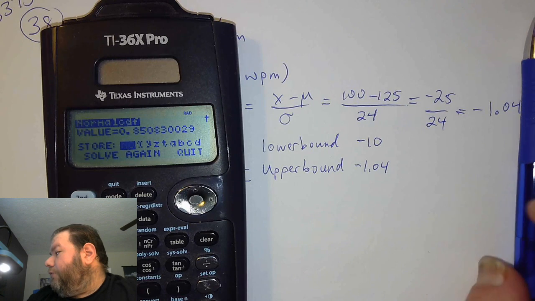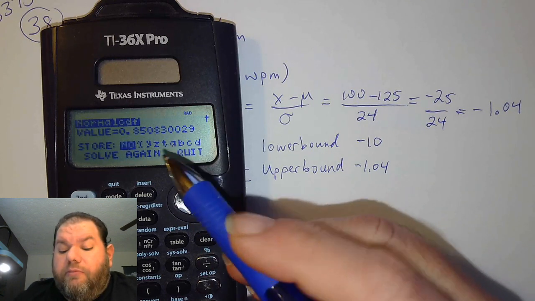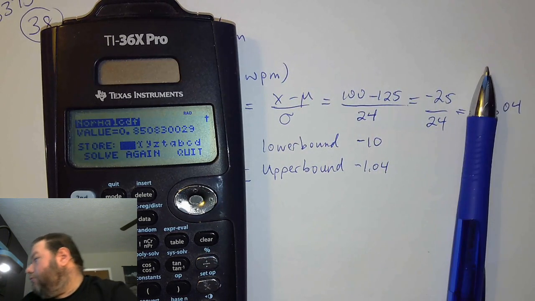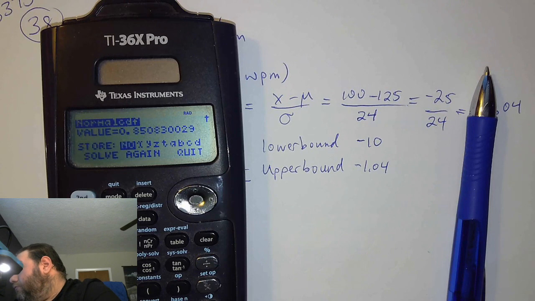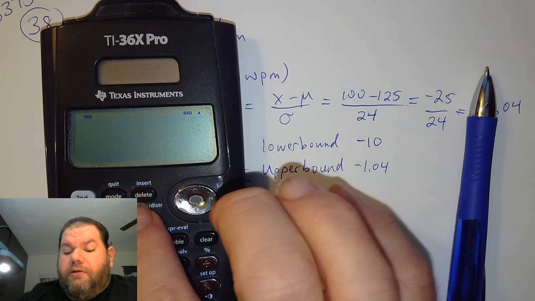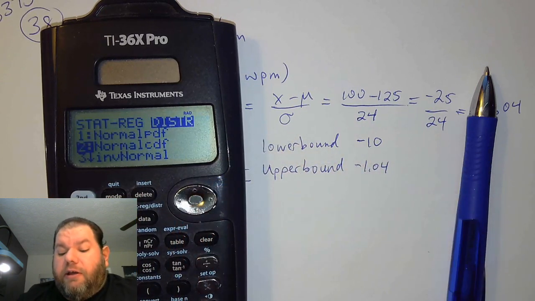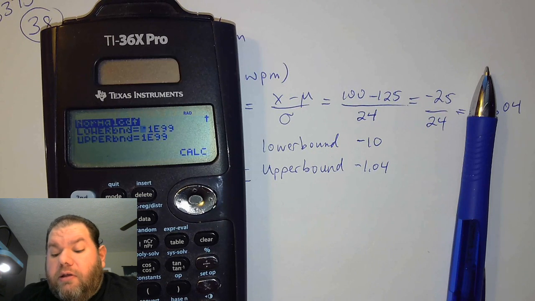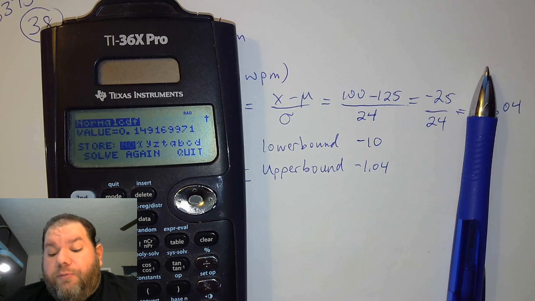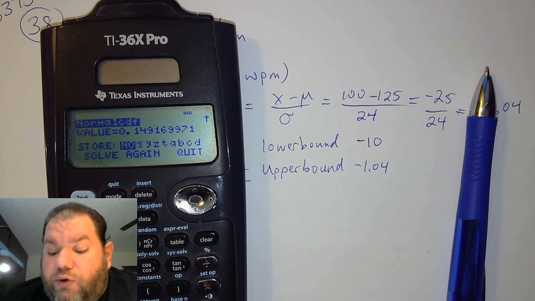Anyway, so we get a value. I'm going to double check that. Sorry. The value did not make sense. Negative 10 and negative 1.04. Oh, I know what I did. I left off the negative on 1.04. There we go. 0.1492.